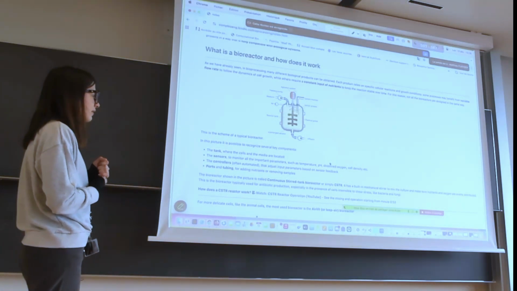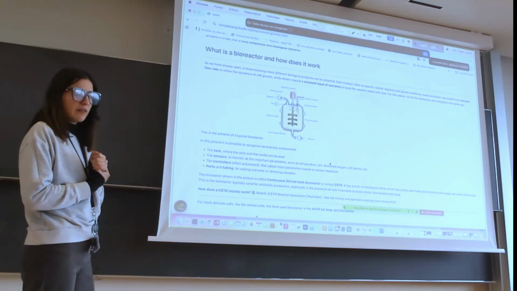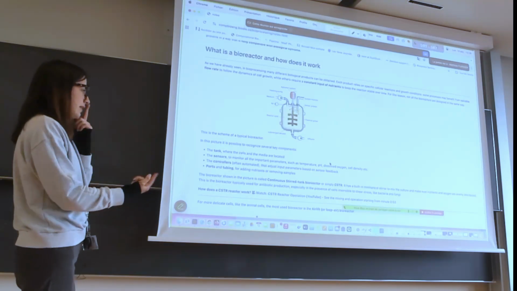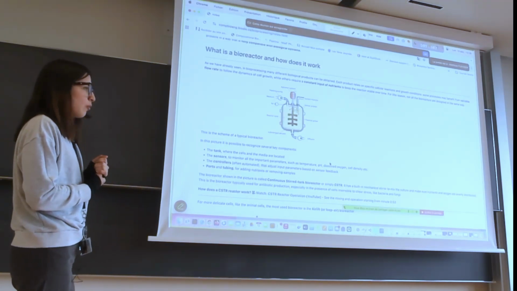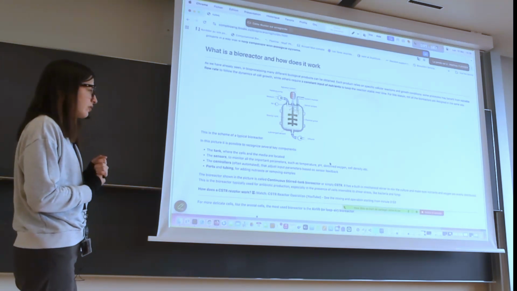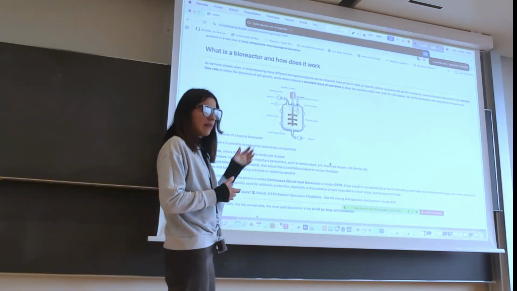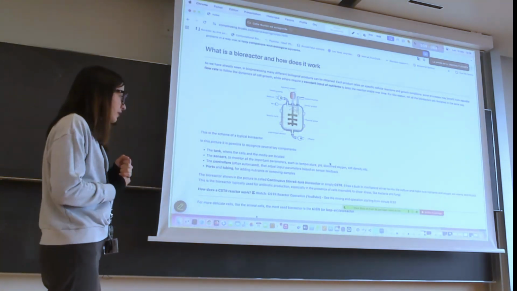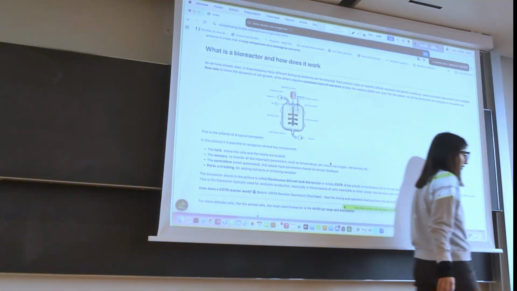In this case, it is a mechanical stirrer, so it allows us to have homogeneous properties inside the bioreactor.